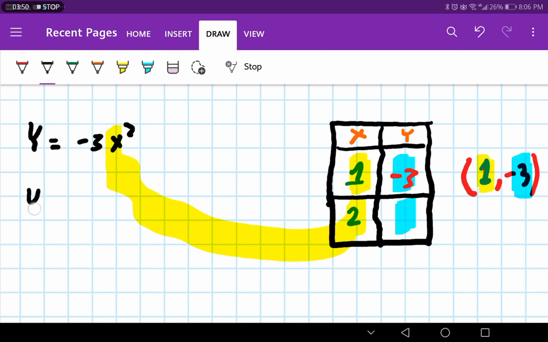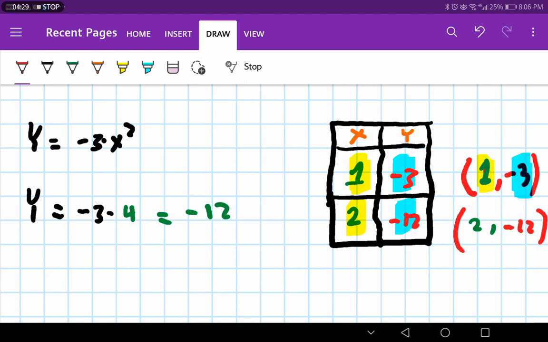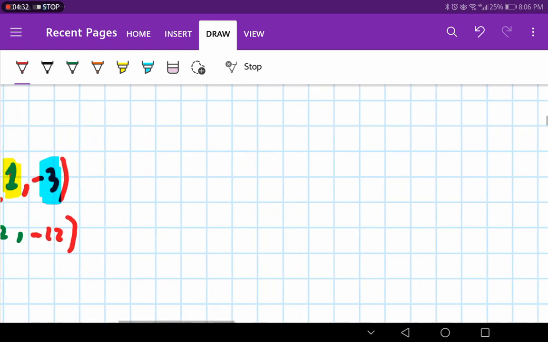So y = -3 times 2 squared; there is a hidden multiplication here. 2 squared means 2 times 2, which is 4, remember that. So -3 times 4 equals -12. So here we have -12. So the second ordered pair is 2 and -12. Are you happy with that? Me too. So now we have to plot these 2 ordered pairs.